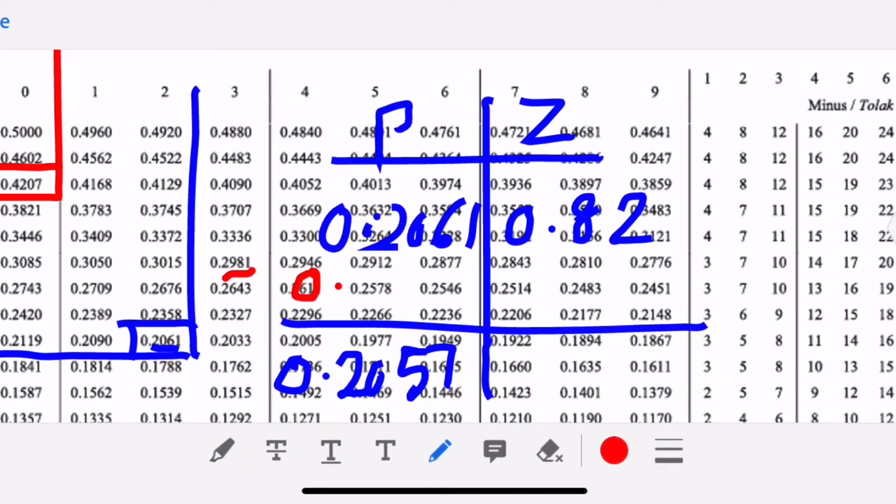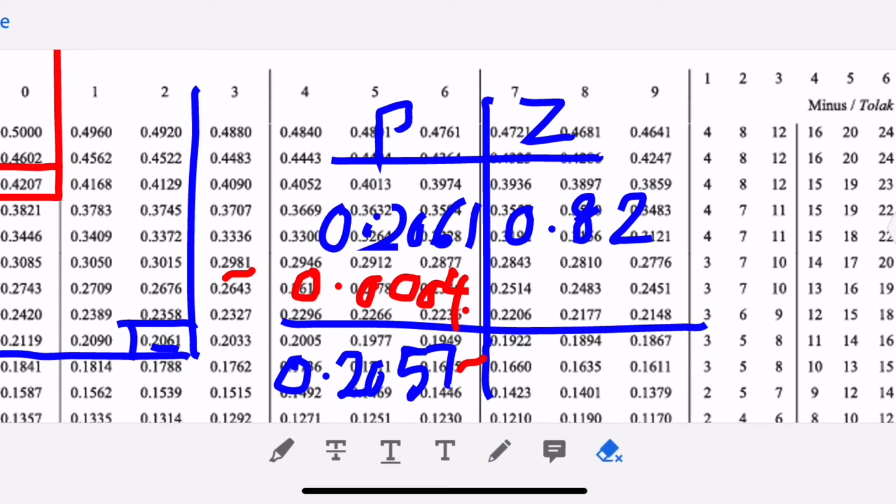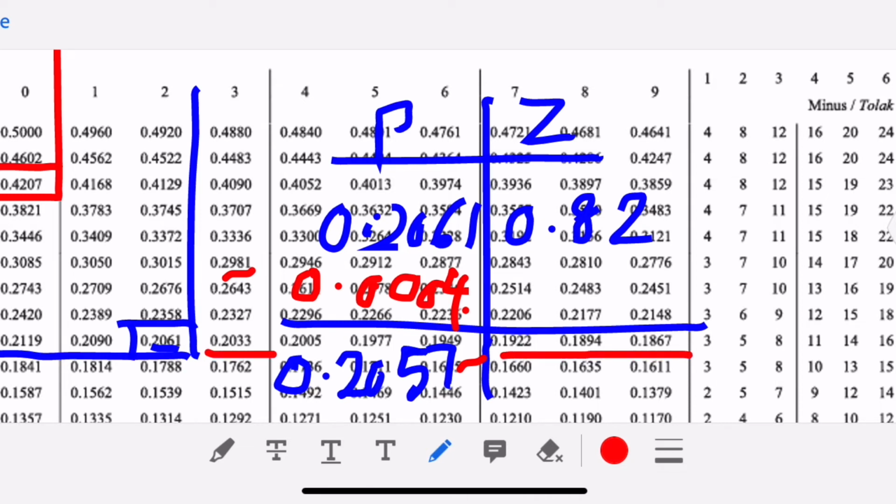I have to minus out 0.004, right? 0.04. We don't have 4, we just have 3, isn't it? It must be the same row.